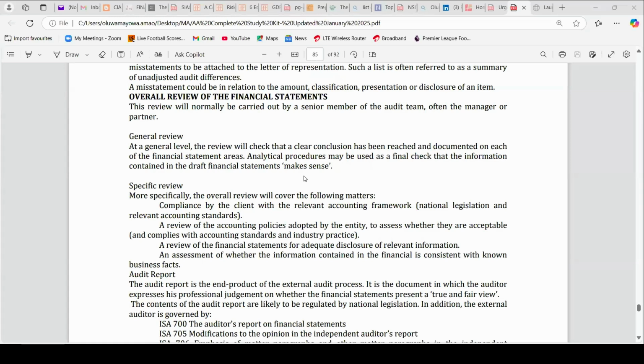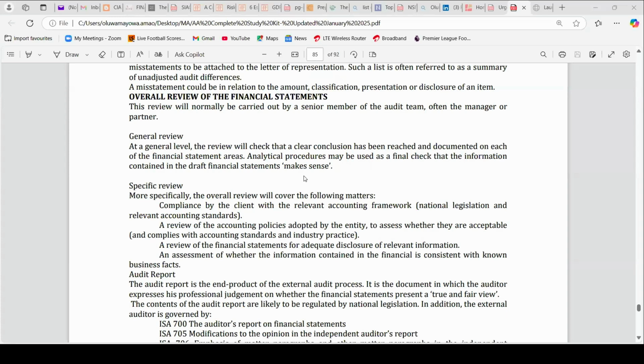Then the other thing the auditor will be looking at specifically is the accounting policy of the company. Now, when it comes to IAS 8, changes in accounting policies, there are guides and steps on how accounting policies should be applied, and how to go about it when you change accounting policies. So the auditor will be looking at whether the accounting policy adopted by the entity is acceptable, whether it is even in line with standards and industry practice.